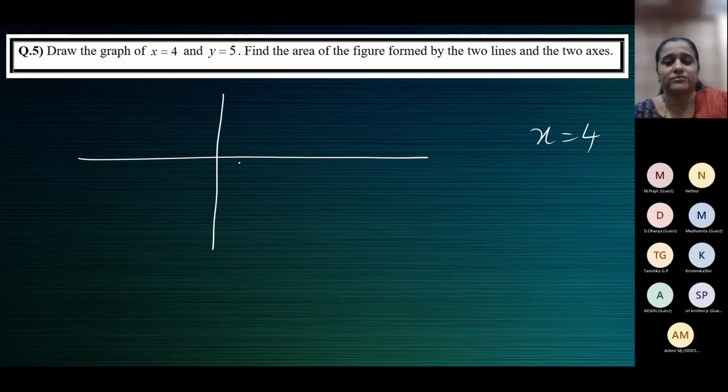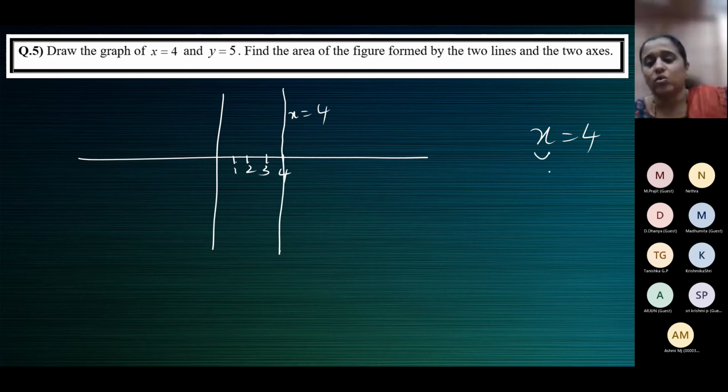Right side, ma'am, because it's a positive 4. So 1, 2, 3, 4 here. It will be parallel to the y-axis at a distance of 4 units to the right of the y-axis. It will be here. This is x is equal to 4.